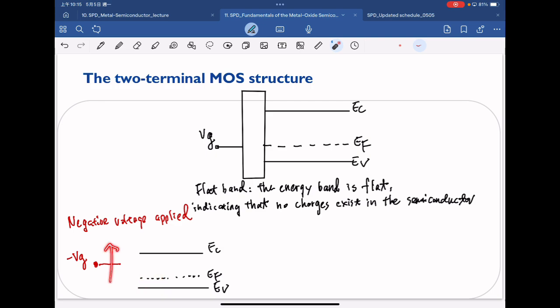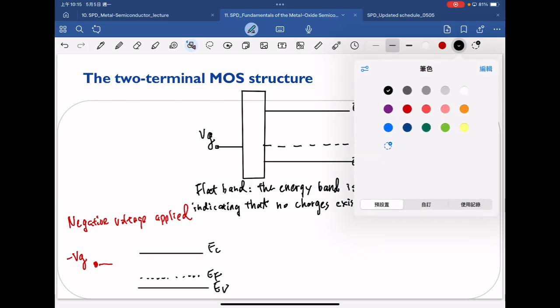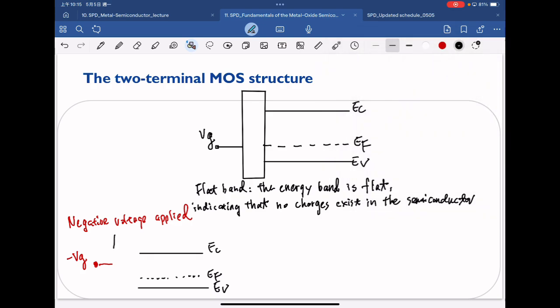This will lift up, and once lifted up, this will create the band bending in the MOS. This will create the band bending in this oxide dielectric.